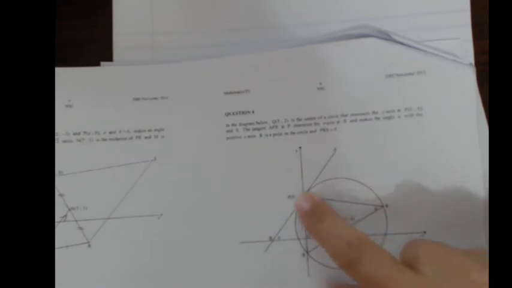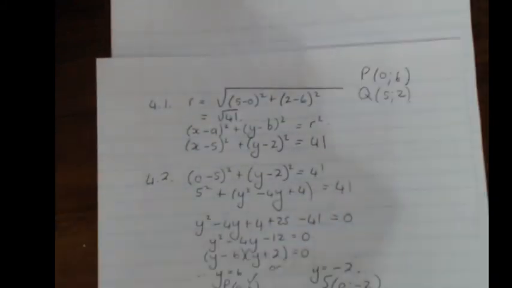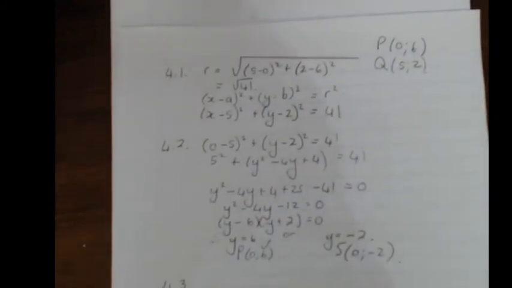I want to calculate the gradient of this, and from that, using perpendicular, I get the gradient of the tangent, and then substitute the gradient of the tangent with this point P to calculate the equation of the tangent. This is a question you see quite often.